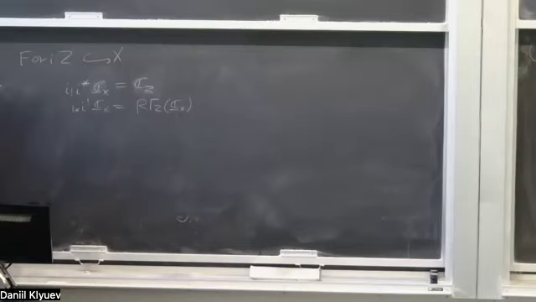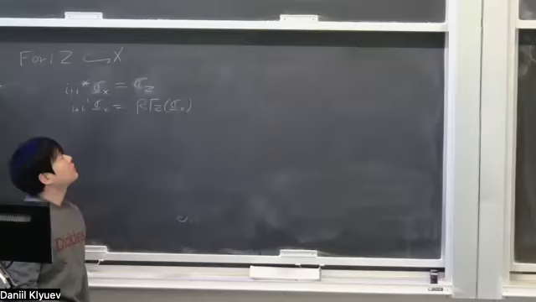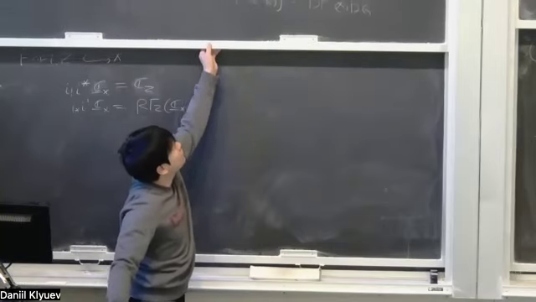Sorry, in the definition of the shriek tensor, one of the upper stars should be upper shriek. Maybe it should be p2 upper shriek. The definition of that shriek tensor. Oh, here?